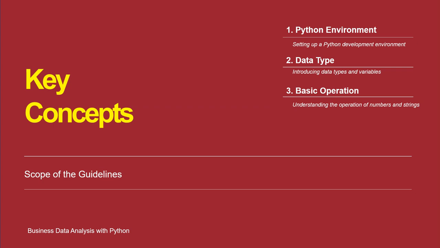But actually, when we talk about data analytics, basically we use two major languages. One is Python and the other is R. If you want to conduct statistics, then most people will tend to use the R language.